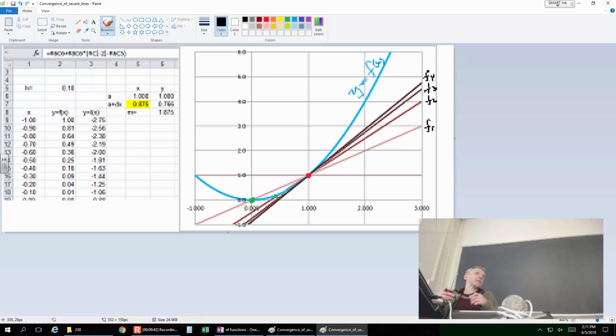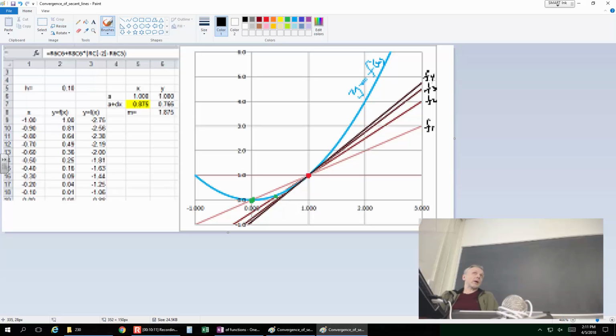But we always thought of these in terms of the slope, and the derivative is the limit of the slope of the secant lines. But if you recognize, in light of our new definition, this is a convergence of functions. Secant lines converge to the tangent line, and that is the convergence of functions.